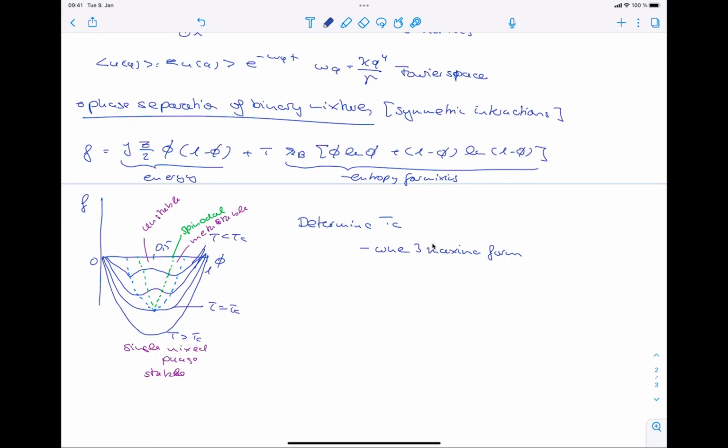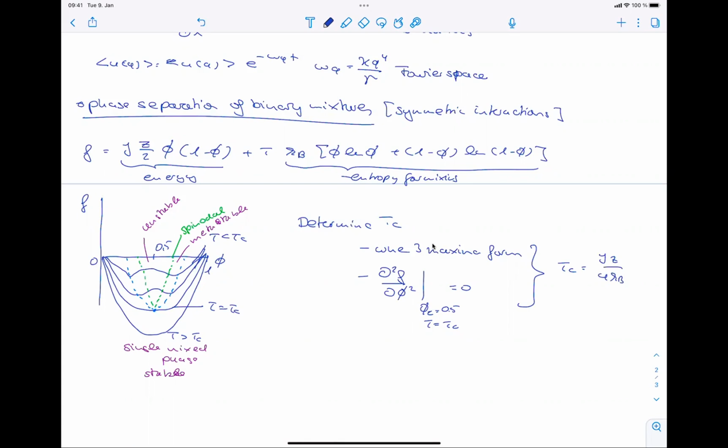So a shorthand to find the critical temperature was also to determine when the second order derivative of the free energy with respect to the volume fraction, at a half, is equal to 0. When does this sign change? And that led us to a known solution that's very similar to the Ising model.